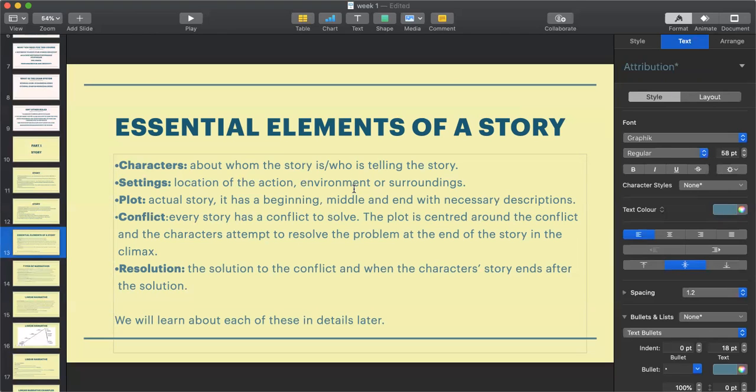Now, if I tell you that the story is happening in a forest, you can almost see a forest. If I ask you to imagine a forest, you can imagine a forest. But if I tell you that the story is happening in a very, very dense forest, there are trees which are almost 20 feet high, you cannot see the sky. When you are standing and looking up, you cannot even see the sky.